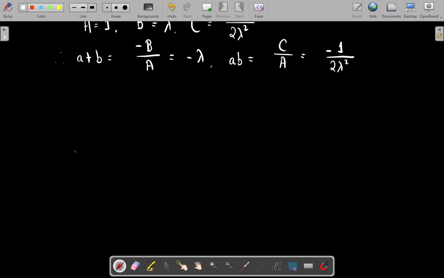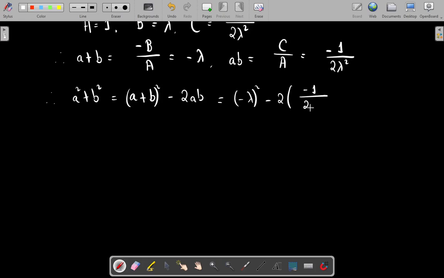Okay, so we have to find the minimum value of a to the power 4 plus b to the power 4. Let us first start by finding the value of a square plus b square. So a square plus b square is a plus b whole square minus twice ab, because the twice ab term is extra, so we subtract this. So this is minus lambda whole square minus 2 times minus 1 upon 2 lambda square.